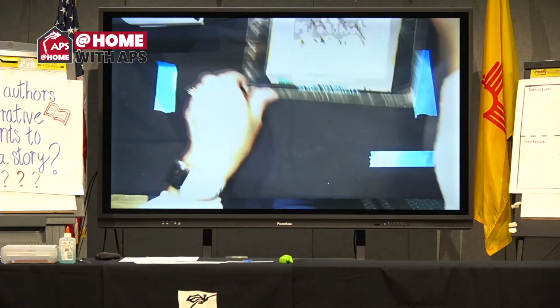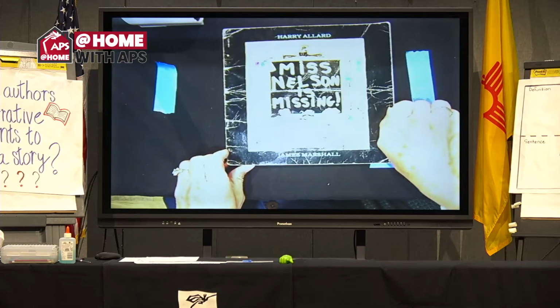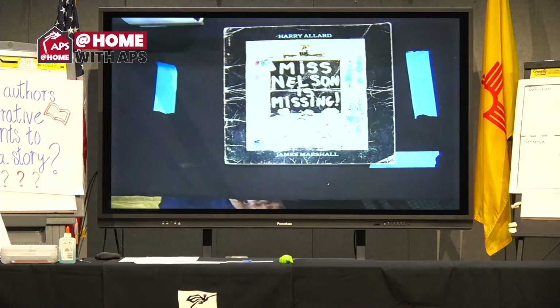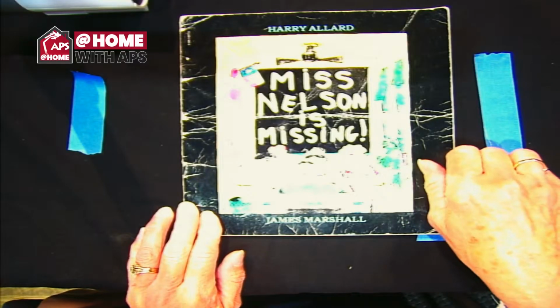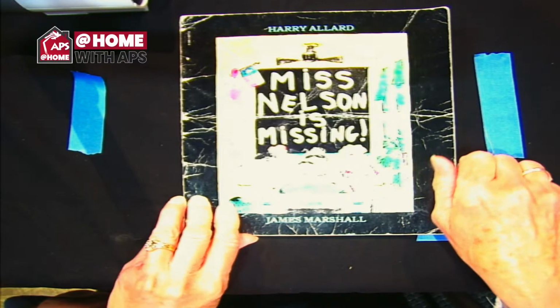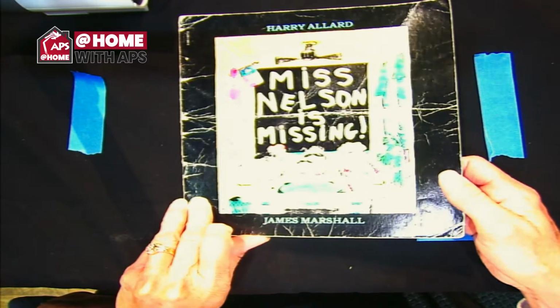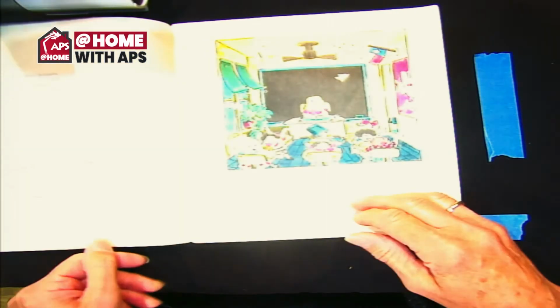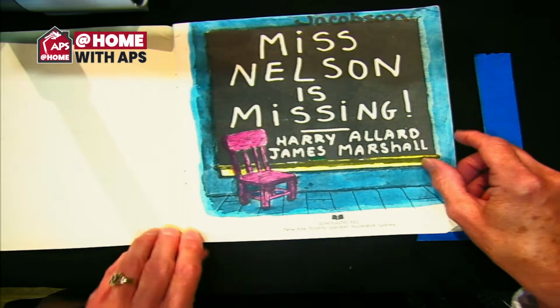Okay, so our story today is titled Miss Nelson Is Missing. Are you ready for your mystery? The story is written by Harry Allard, and it is illustrated by James Marshall. It's published by Scholastic Books.